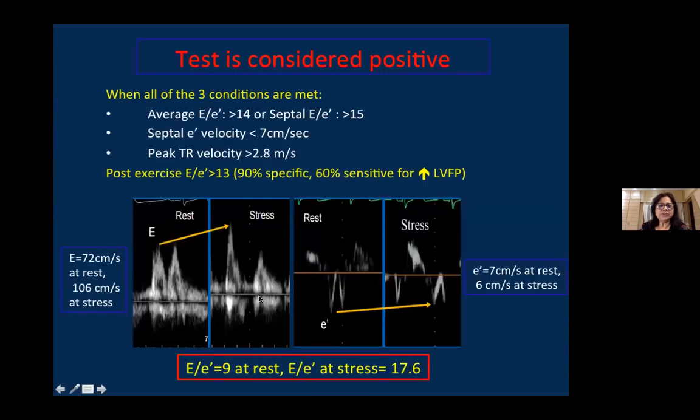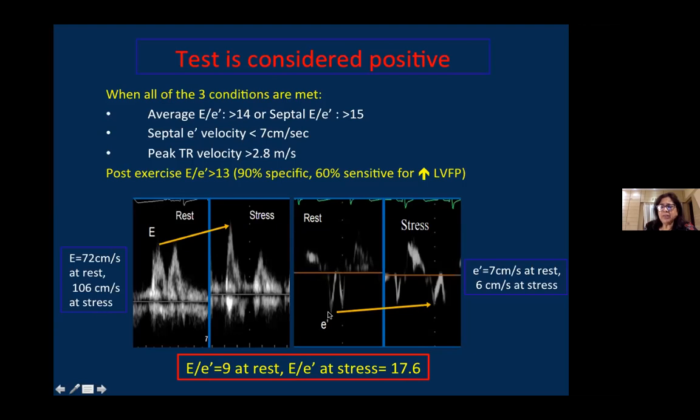So here is the patient where at rest, I got E velocity 72 centimeter per second. And during stress, look at the E wave. It has increased to 106 centimeter per second with exercise. And look at the E prime.